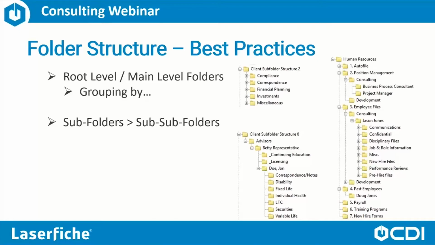If we start getting into a large folder structure, it would be a good idea to break that client folder structure up into separate folders based on, say, advisors or branch or location, whatever would make the most sense for your business use.